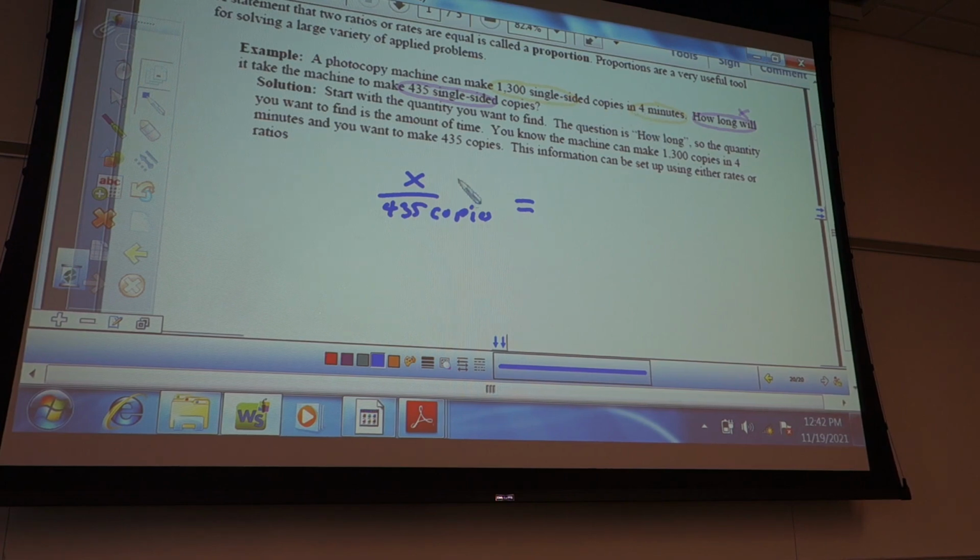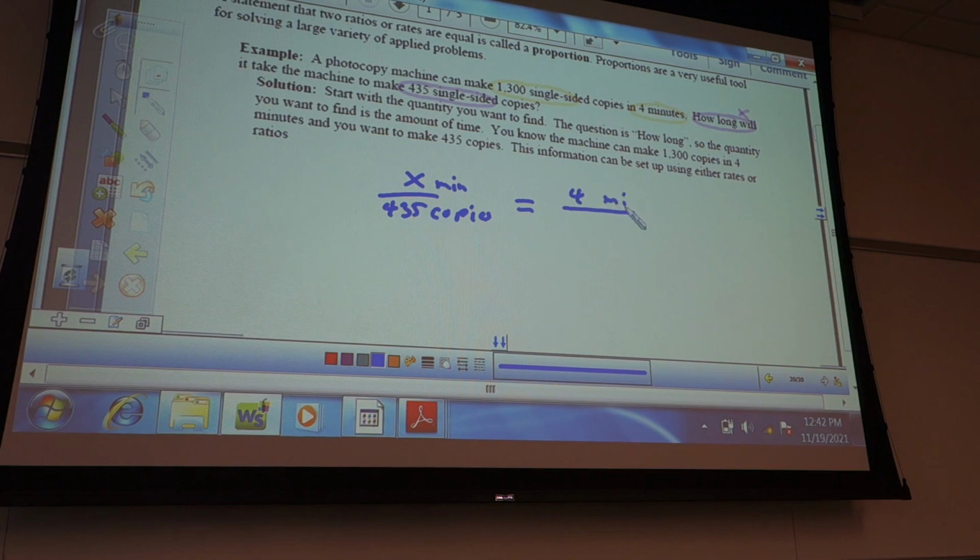So if x is really x minutes, then if minutes is on top here, minutes needs to be on the top on the other side. They need to match up. If I'm going to do minutes over copies here, I need to do minutes over copies over there. So what would it be over here? What's my minutes? 4 minutes.